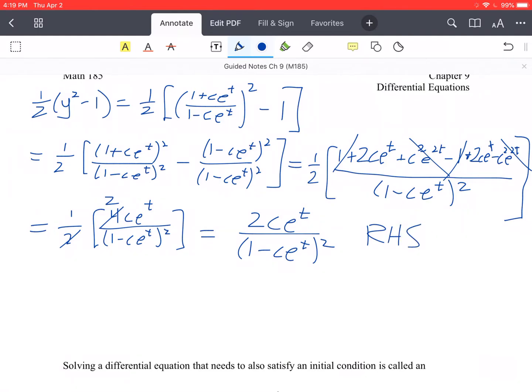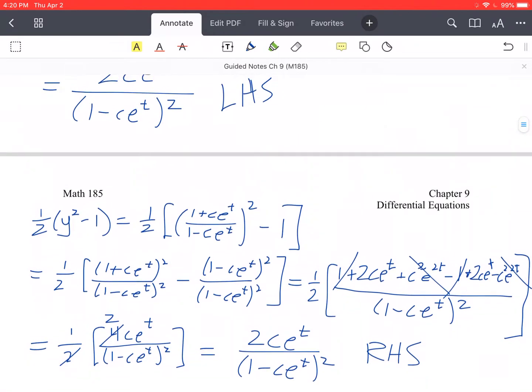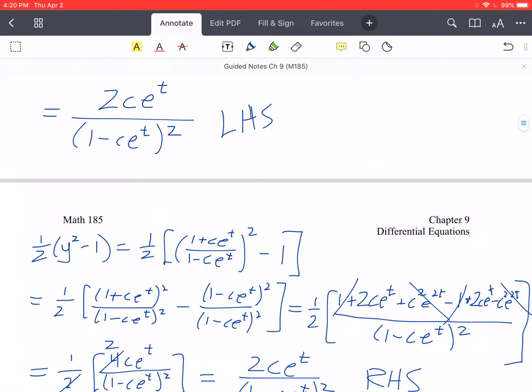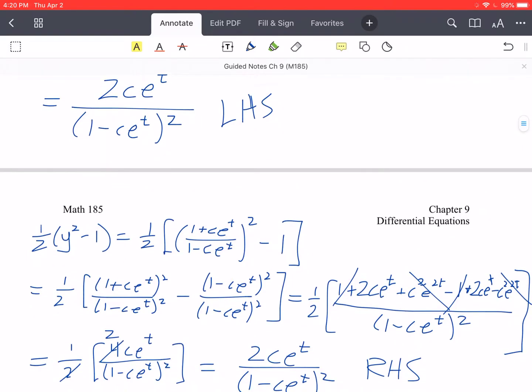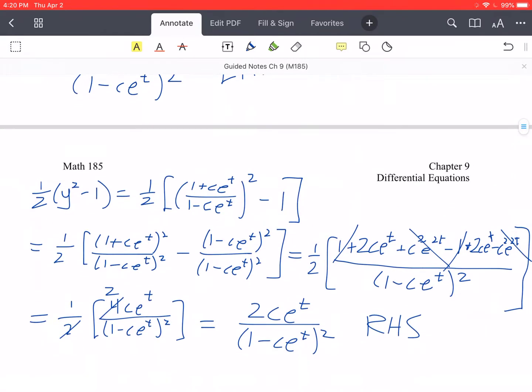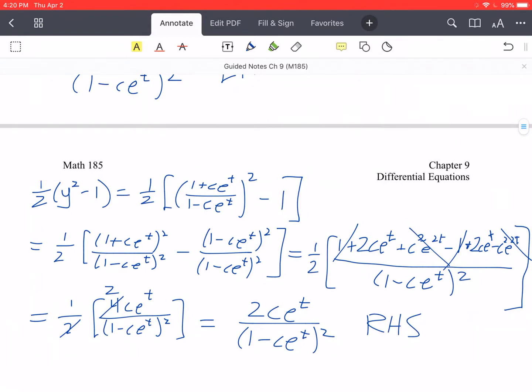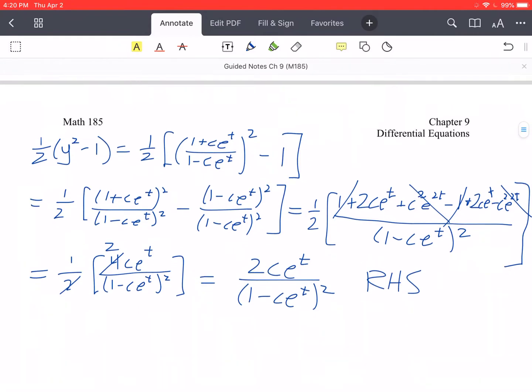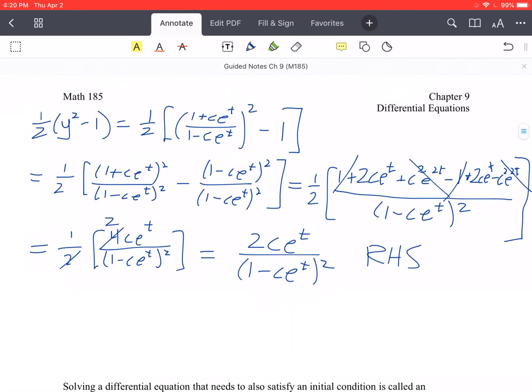And notice, if we go back and compare, the thing we got for the left-hand side, 2c e to the t over (1 minus c e to the t) squared, that's exactly the same as the right-hand side. Okay, so this function does satisfy the relationship stated in the differential equation.